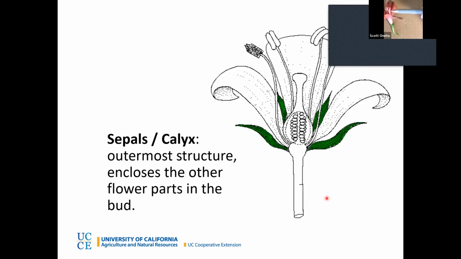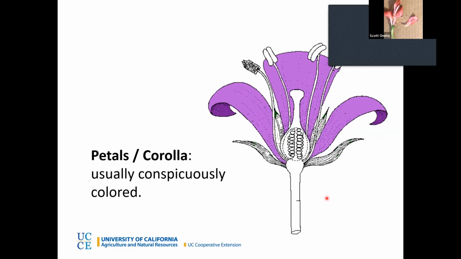In the Alstroemeria, these are its actual sepals here. These are brightly colored sepals, and there are 3 of them. They alternate. There are 3 sepals in the Alstroemeria. Then we move to the next whorl, the next group in, and those are the petals. So the Alstroemeria has 3 sepals and 3 petals.